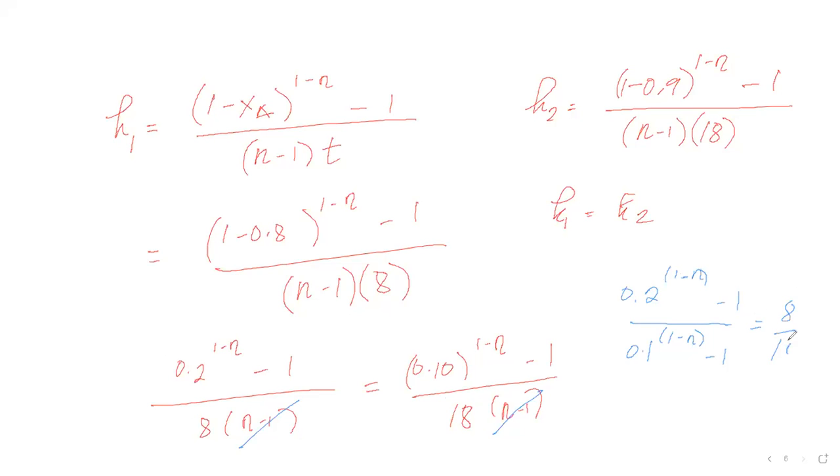So 0.2 raised to (1 − n) minus 1 over 0.1 raised to (1 − n) minus 1 is equal to 8 over 18.